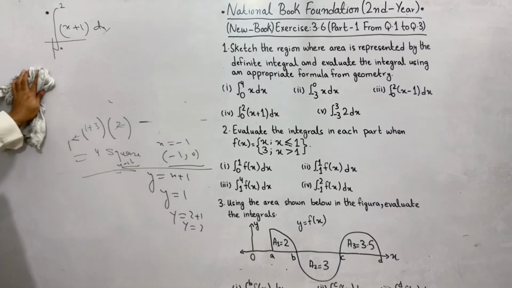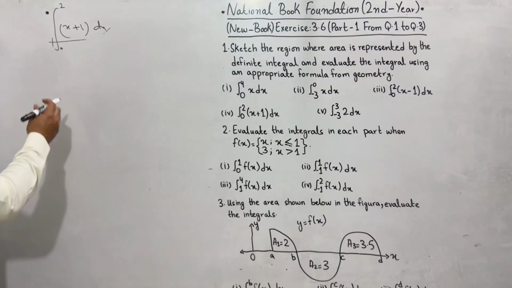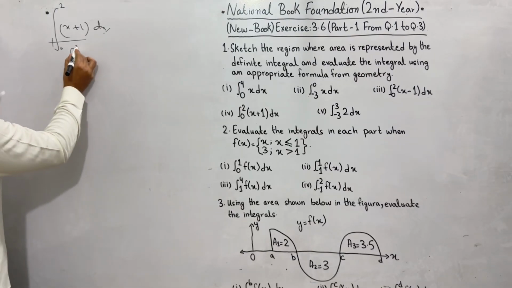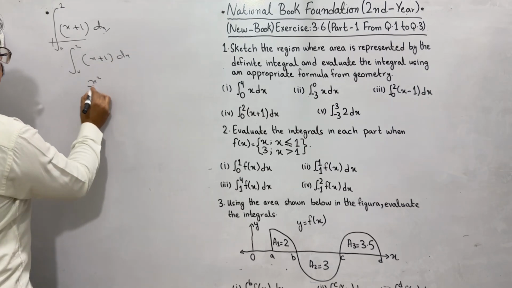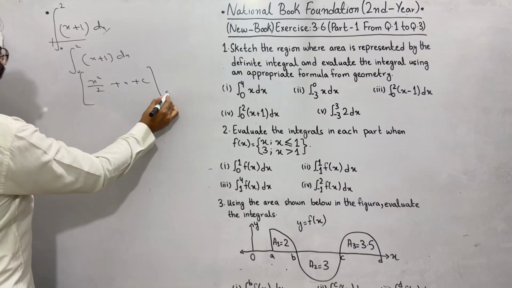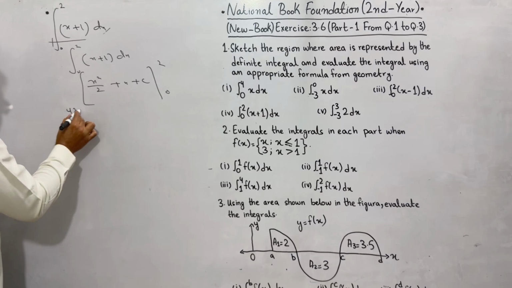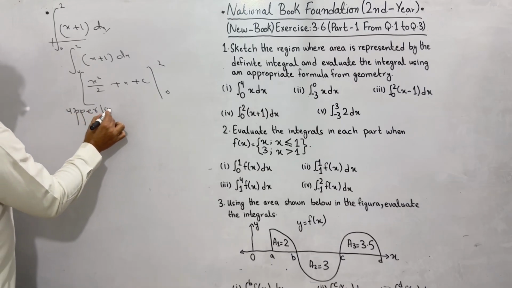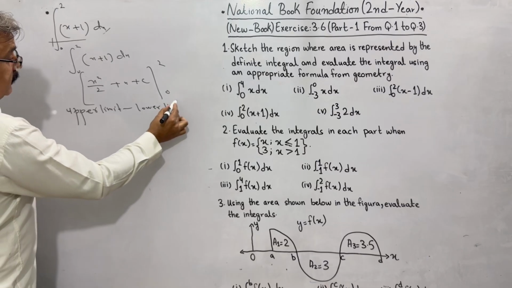It's simple integration, 0 to 2, x plus 1 times dx. Integration of x is x square over 2 plus 1 times x, from 0 to 2. Upper limit minus lower limit as usual.